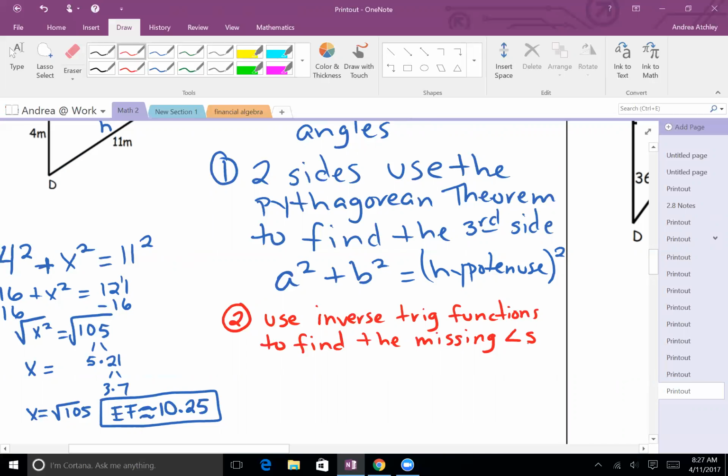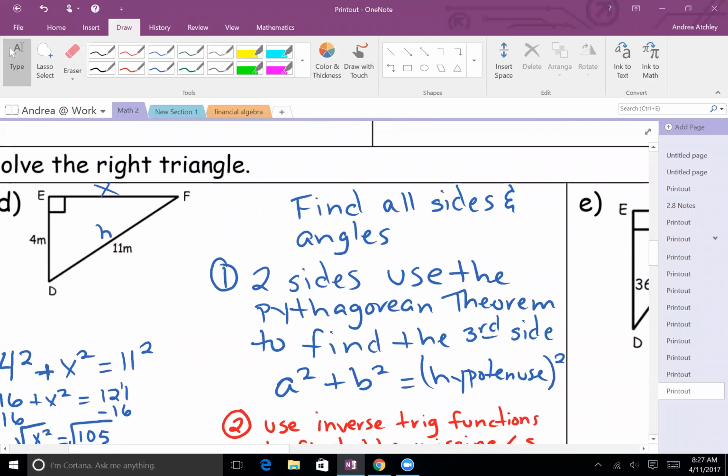Okay, so it doesn't matter which angle we find first. Sarah, which angle do you want to find first? D or F? D. Yes. Okay. Again, it doesn't matter which one you use. Just either one will work. So we're going to do D.